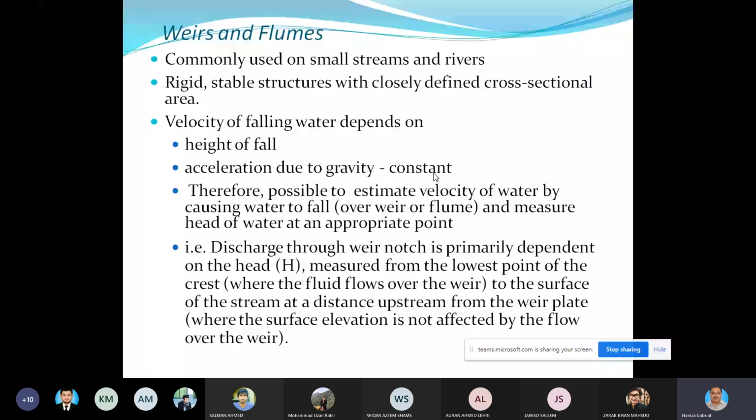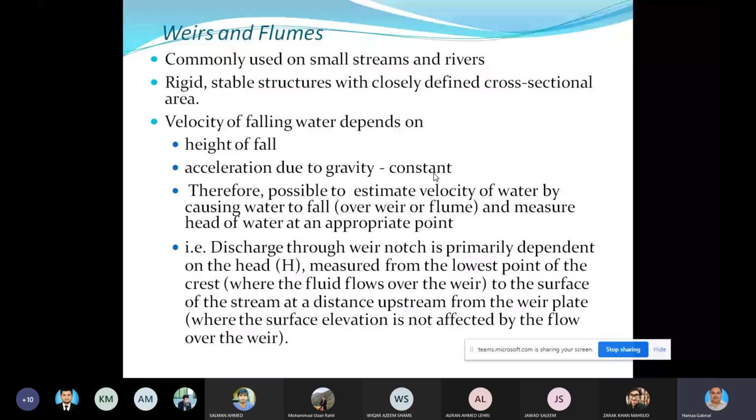But if you have a small stream like small rivers, there you can install weirs and flumes to measure the discharge. So these weirs and flumes are rigid, stable structures, and they have a closely defined cross-sectional area.